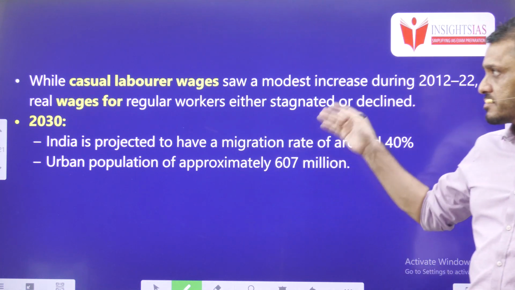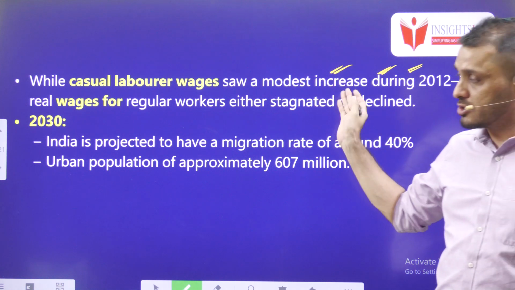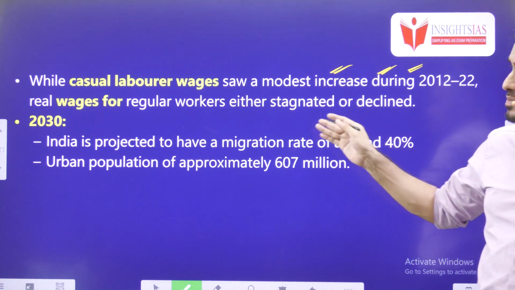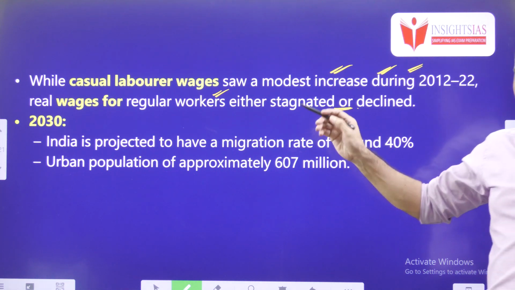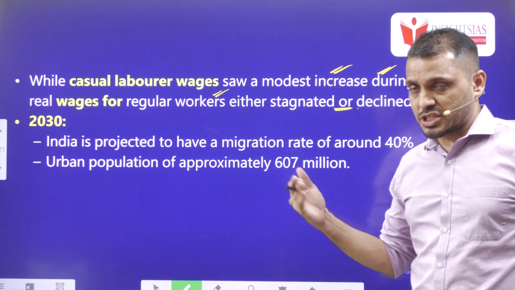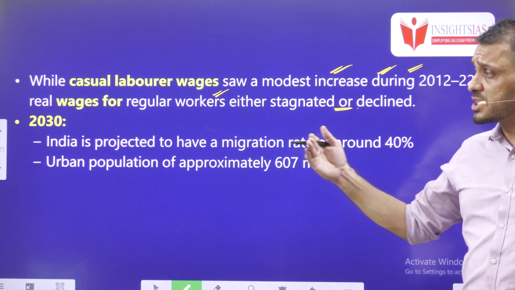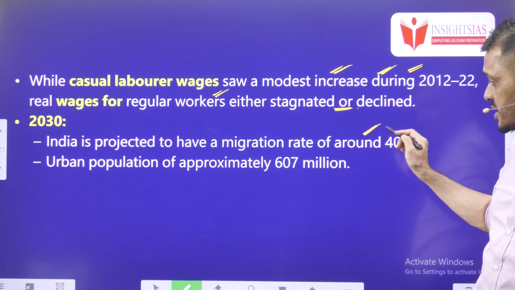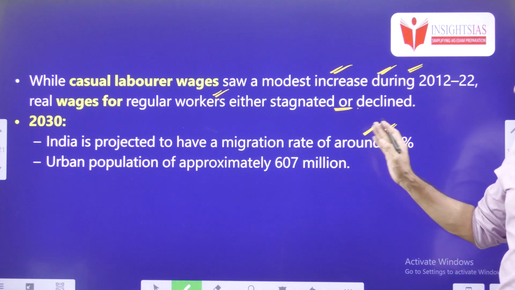Casual labour wages generally slightly increased during 2012 to 2022, and the real wages for regular workers almost remained the same. Real wages means inflation-adjusted wages. Next, according to this report, by 2030, India's migration rate is projected to be around 40%.